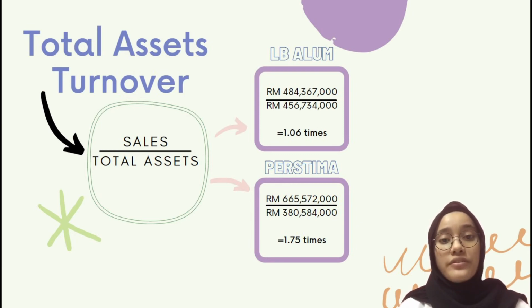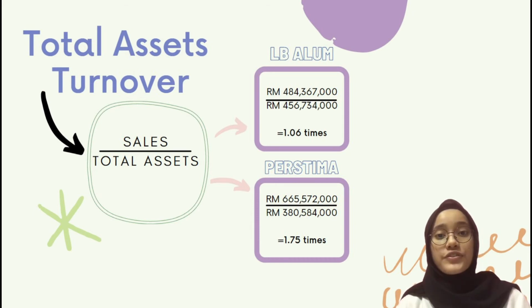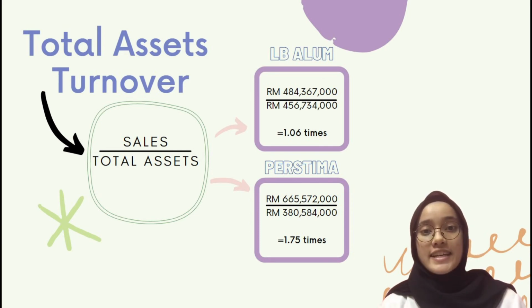So when we divide these two amounts, we get the answer of 1.06 times. From this answer, we can know that for every 100 ringgit of total assets, LB Aluminium can generate 106 ringgit of sales.